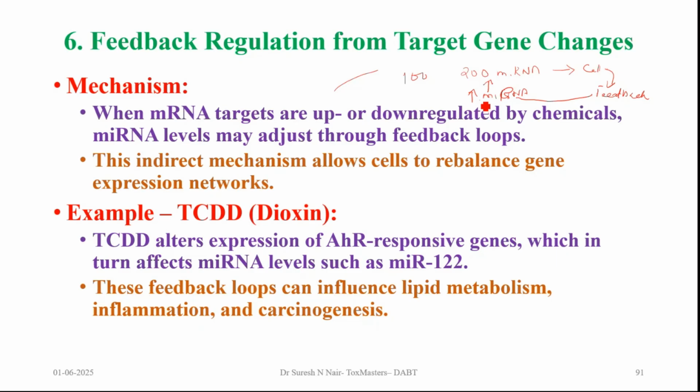So if there are 100 miRNA, out of the 200 produced, only 100 will be activated. So this feedback is actually a protective mechanism to provide a constant number even when there is transcriptional activation.